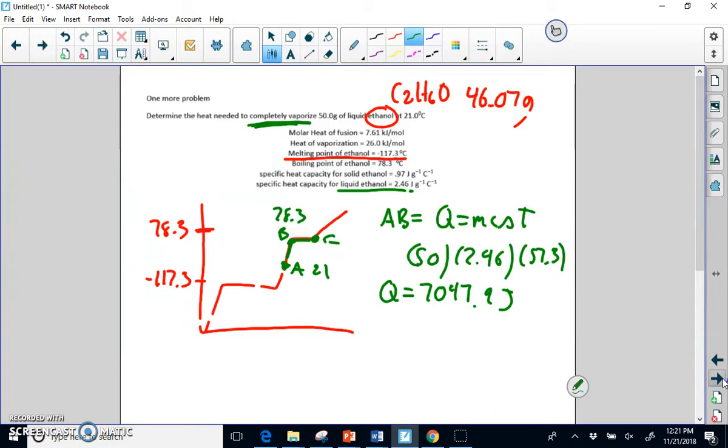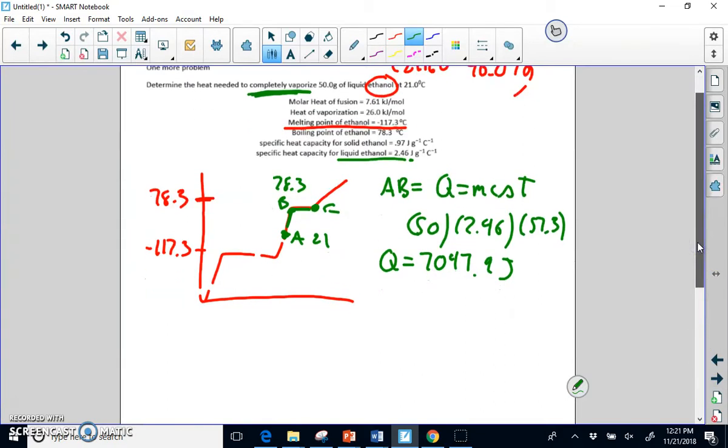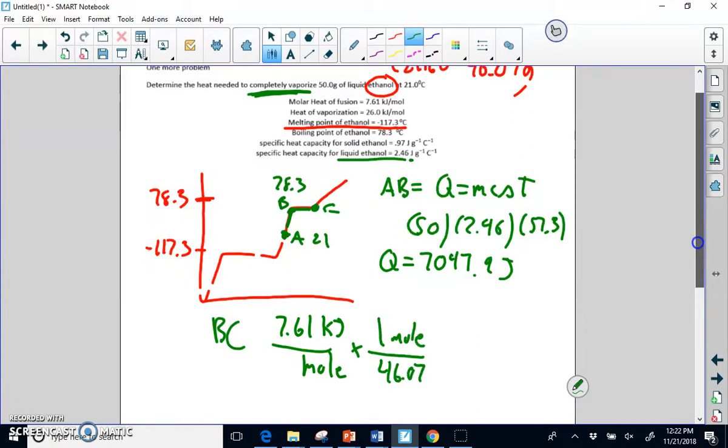Now I'm going to do the same thing for BC, when it's turning into a gas. Again, I've got to do a conversion. They give us the molar heat of vaporization, but it's in kilojoules per mole, and we need to convert it to joules per gram. So we have 7.61 kilojoules per mole, and 1 mole of ethanol is equal to 46.07 grams.